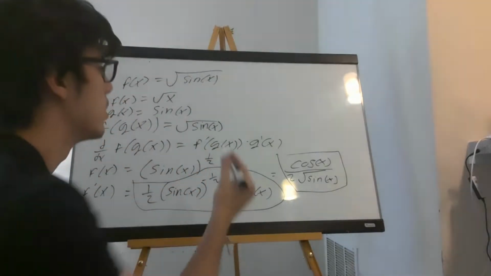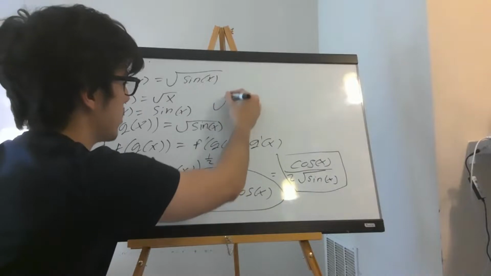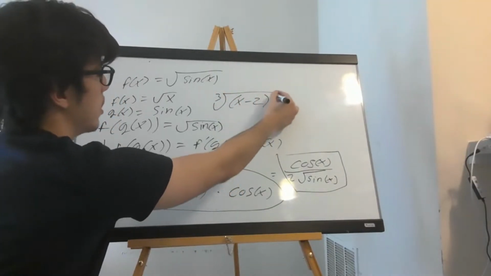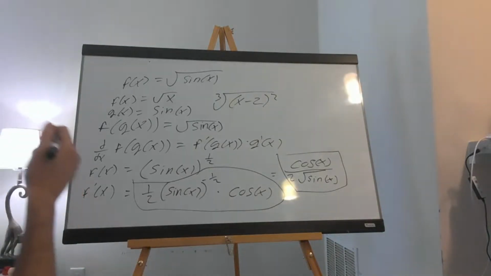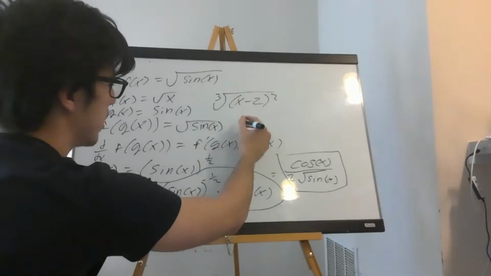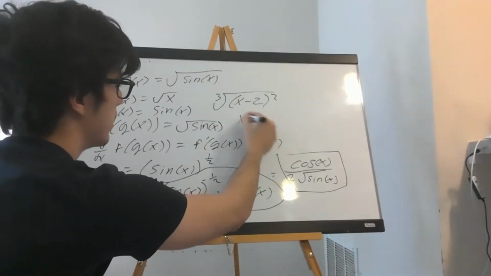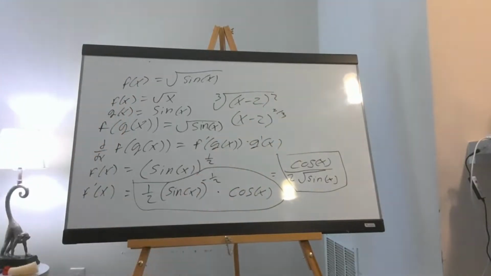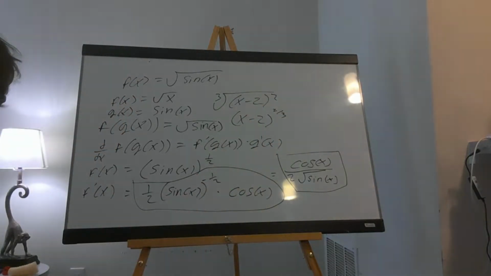Something you might run into later on in this class is something like the cubed root of x minus 2 squared. You can actually write this as just x minus 2 to the 2/3 power.